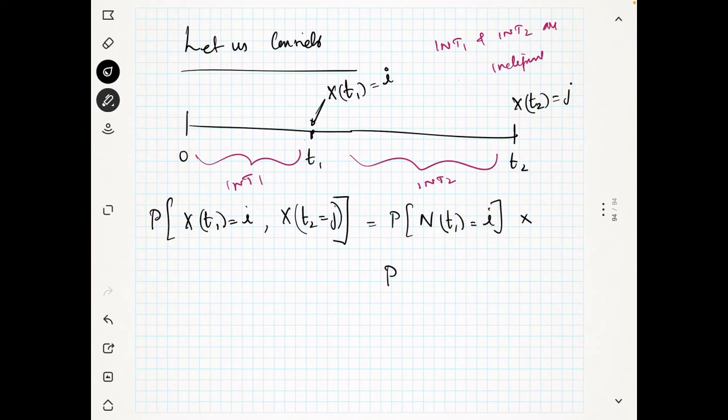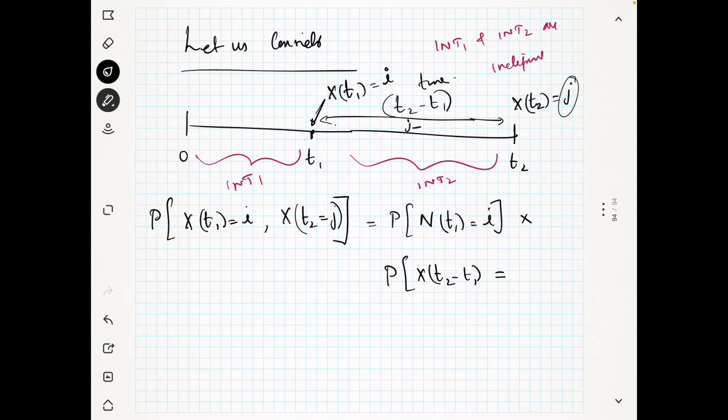That means you should have i people in the queue at time t1, and between these two times, what is the time in between? It is nothing but t2 minus t1. So the time difference is t2 minus t1. That means x of t2 minus t1, between this time, we are talking about j here. It is always an increasing process, so how many people will be coming?